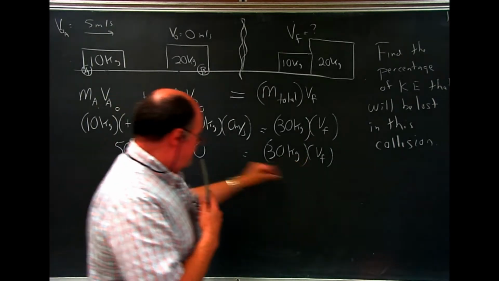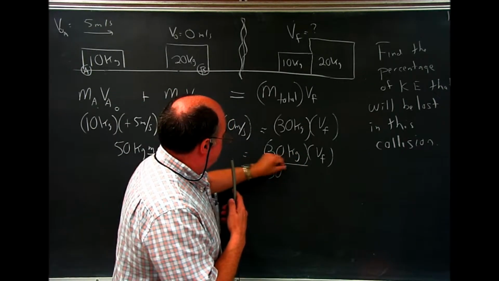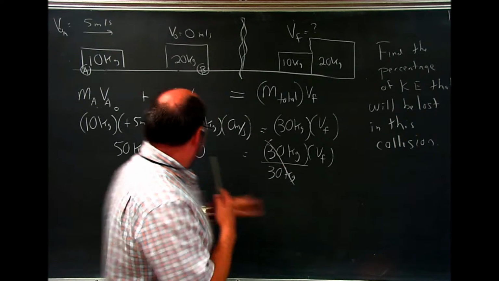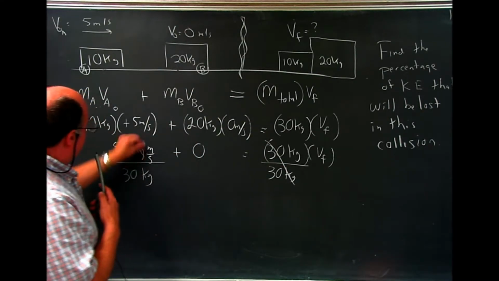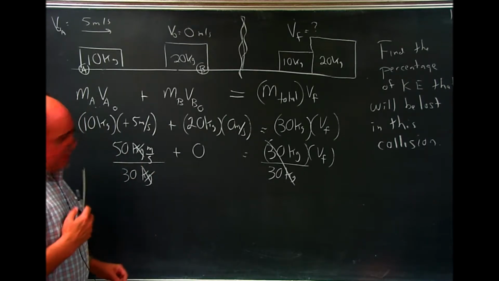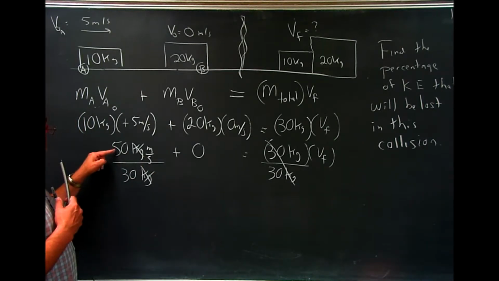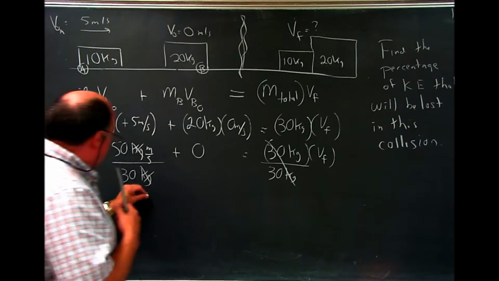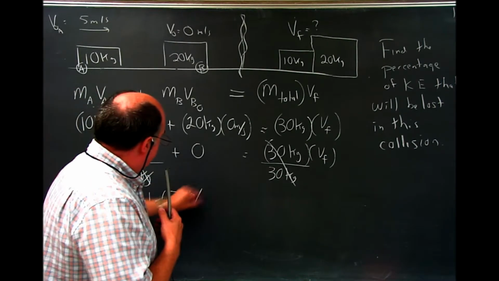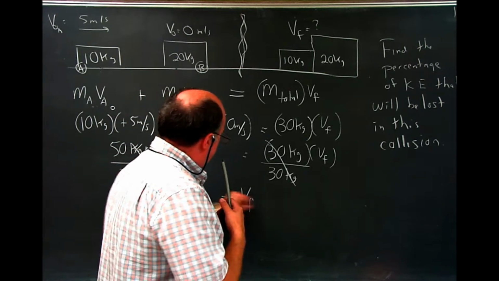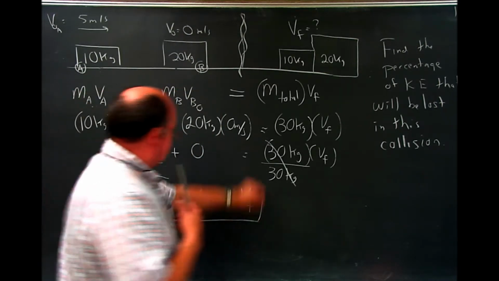If I want V final by itself, I divide both sides by 30 kilograms. The kilogram units go out, and when I divide 50 by 30, the number on my calculator is 1.67, and the units are meters per second. That's V final for the whole thing when it's stuck together.